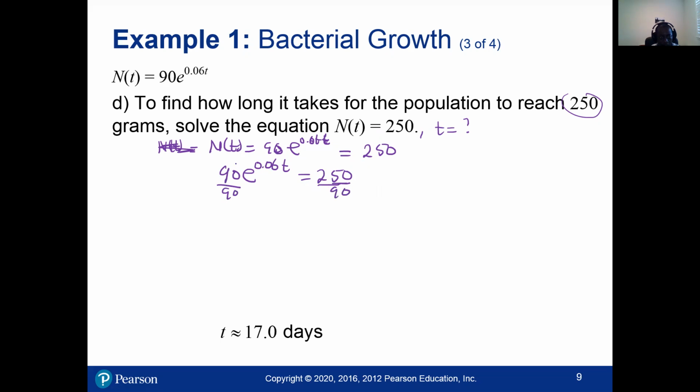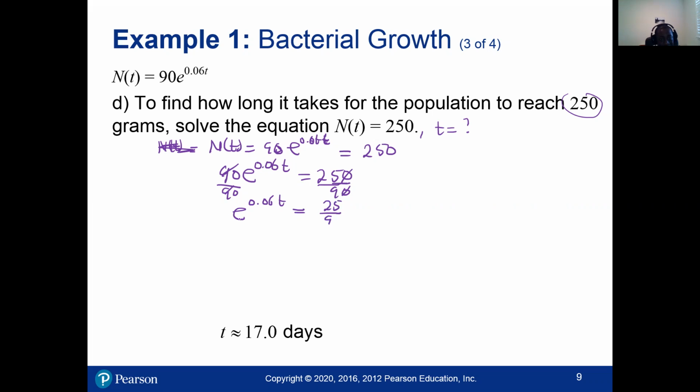Then you have e raised to 0.06 t is equal to 25 over 9, because the zeros will cancel. Please don't evaluate this and round it to any decimal place at this point, because when you do that, it affects your results very greatly.